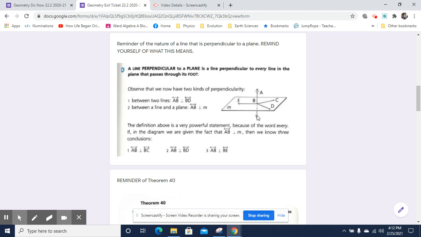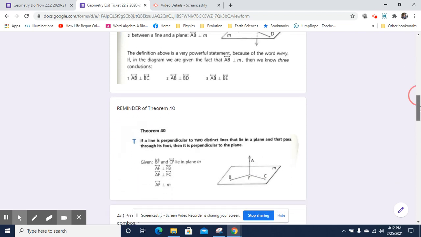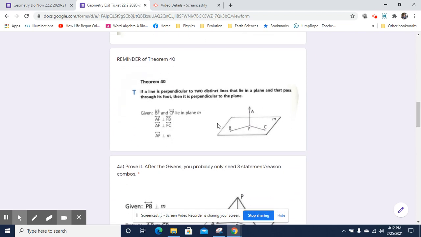Remind you that if a line is perpendicular to a plane, then it is also perpendicular, meaning it makes right angles, with any line that lies on the plane and intersects with its foot, the point where it intersects the plane. Then Theorem 40 is basically the flip, or the reverse, of that definition.